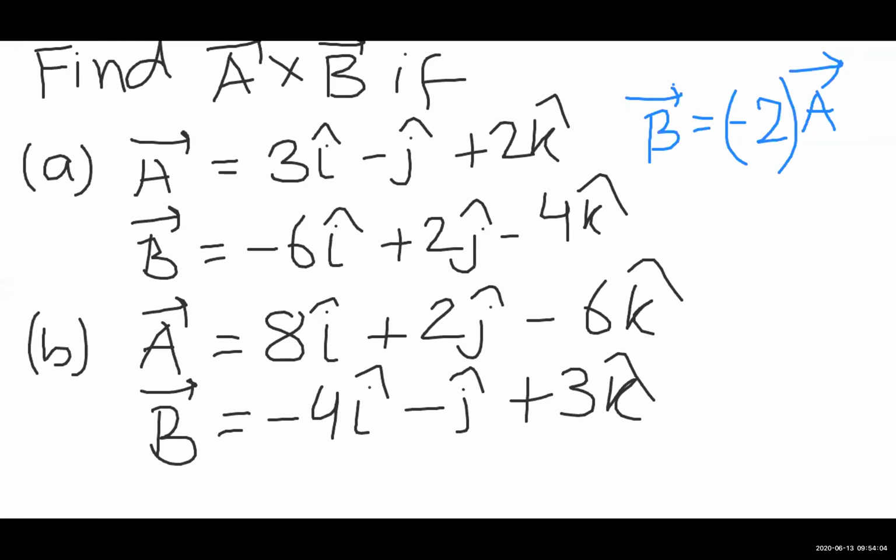Yes, they are, because in this case vector B is equal to minus half of vector A. So before you carry out a cross product, you must first look at the two vectors and make sure that they are not multiples of each other. If they are multiples of each other, then the answer of the cross product has to be 0.